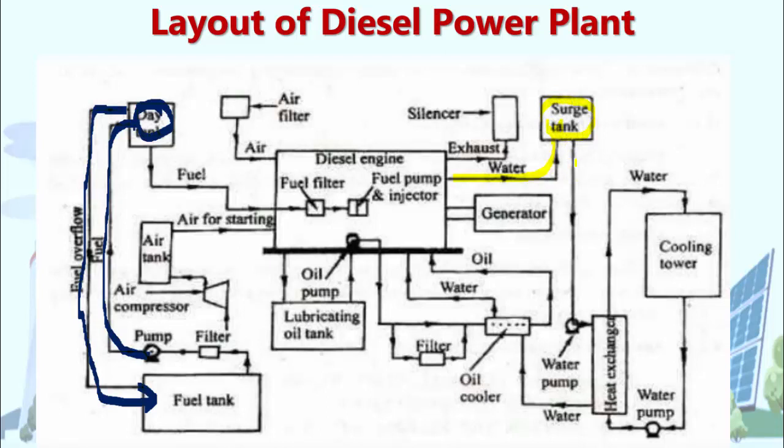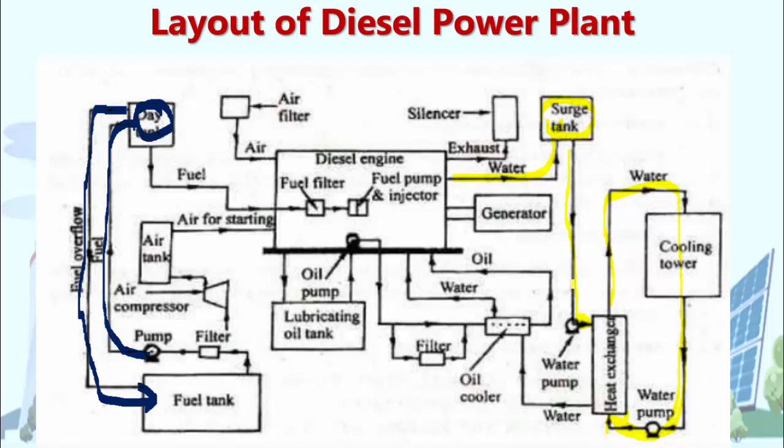From this storage tank, hot water is released to the heat exchanger, right? Here in the heat exchanger, the hot water exchanges its heat to another cooling water circuit. This is the other cooling water circuit, where a cooling tower is used to cool the hot water, which is the output of the heat exchanger, right? The heat exchanger input is here. It will be a cooling water, right?